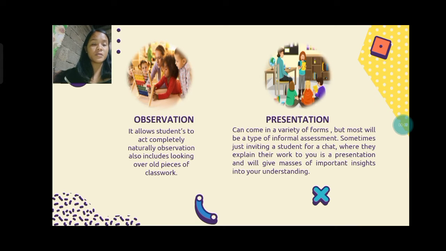So, for example, you give a task to your students to draw animals, and then they present in front of the class what they drew and why they like it. So that's presentation.